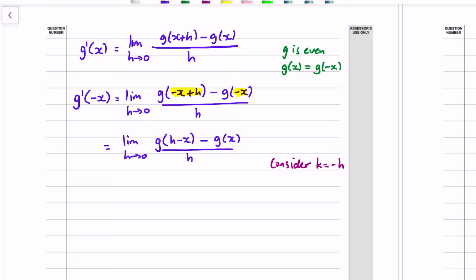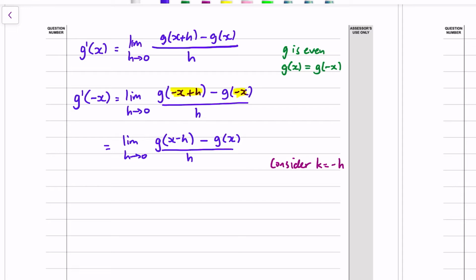I didn't even flip this one around. I just wrote them in a different order. g of x equals g of minus x, so that's why I've gone from here to here. But I needed to take the minus of the term in the other one, so I had x minus h. That's better. I just wrote them in a different order.